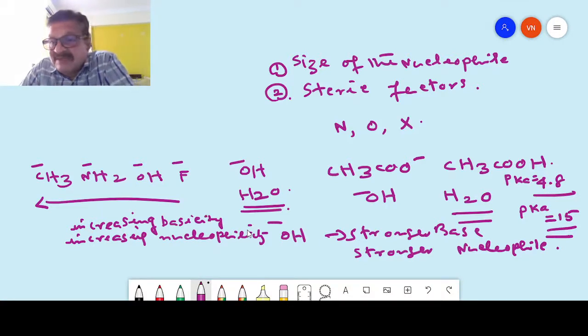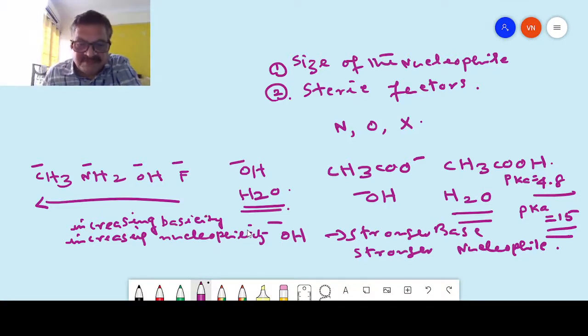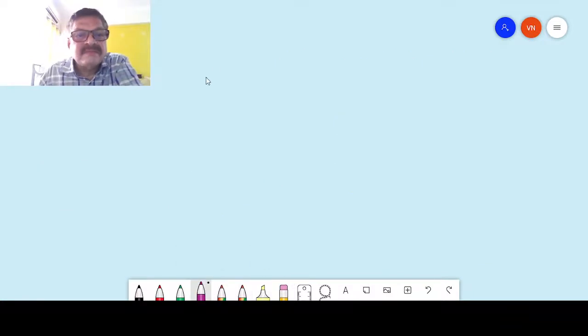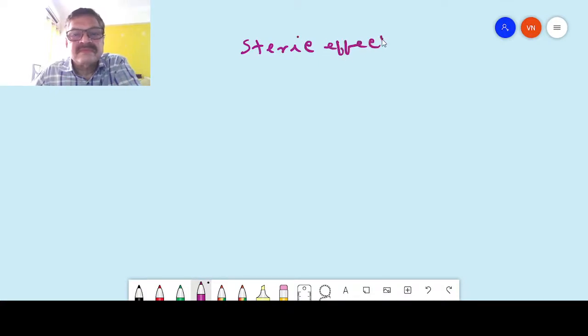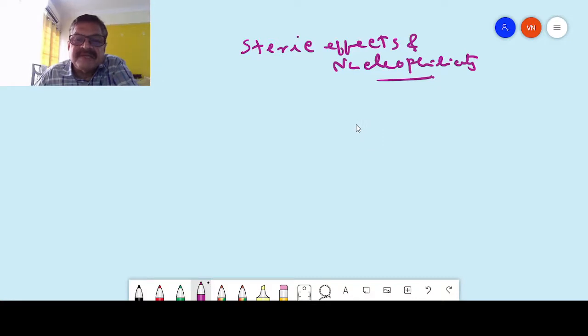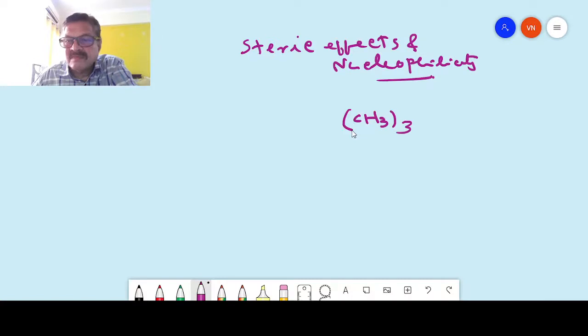Now there are certain cases here: steric effects and nucleophilicity. I will just give an example, because of the steric effect, the entire thing will change. So if you have a compound like this, say CH3, what is this?